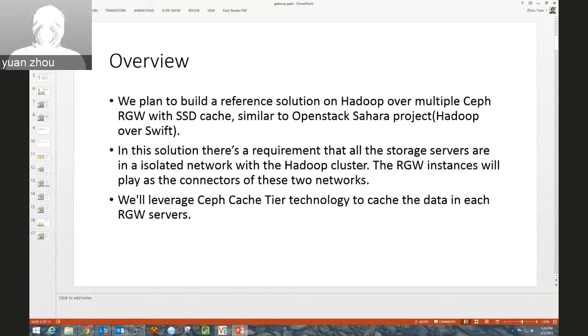We tend to follow the Hadoop OpenStack Sahara project, which is built on Hadoop over Swift, and so we'd like to share this design with the Ceph community, and would like to hear some comments from you guys.